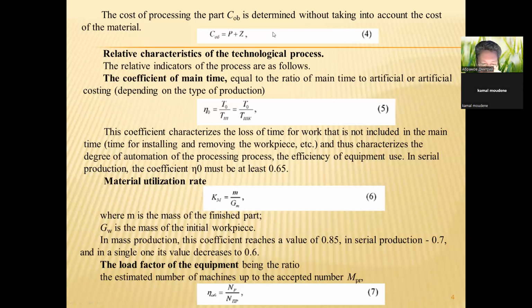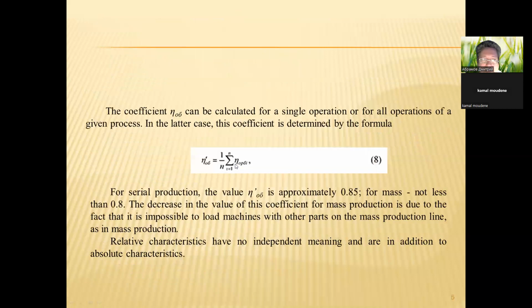The load factor of the equipment is the ratio of the estimated number of machines m to the accepted number m suffix pr. We use formula 7. The coefficient nu can be calculated for a single operation or for all operations of a given process. In the latter case, this coefficient is determined by formula 8.